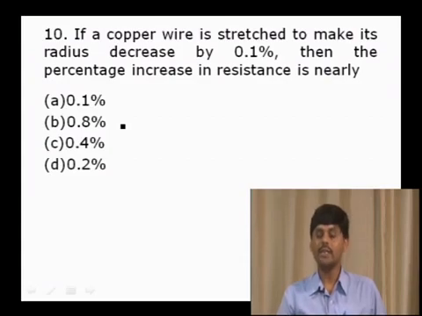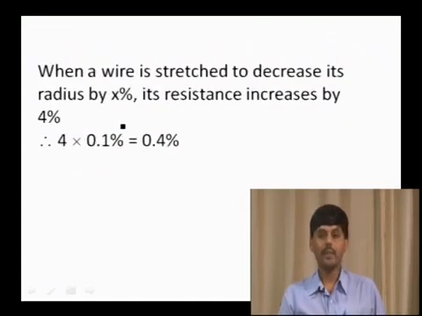If X% of radius is reduced, the new resistance will increase by 4X%. Taking the help of that concept, we can easily calculate it. So, 4 into 0.1% is the original. Therefore, 4 into 0.1 is equal to 0.4%.